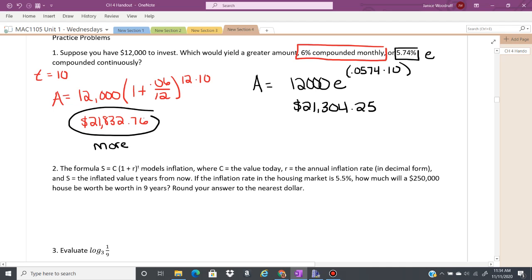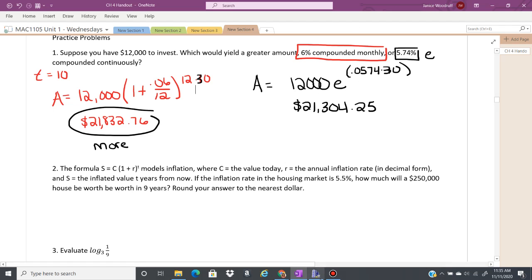So here, I'm going to check the time period. I'm going to change this to 30 years because typically 30 years is a very long investment. So we don't usually hold stuff for longer than that. So let's try with 30 years on both of these, just to make sure that this does not surpass this at some point because of the continuous interest.